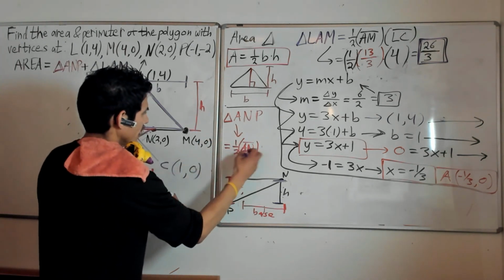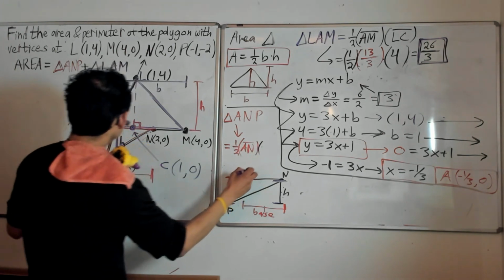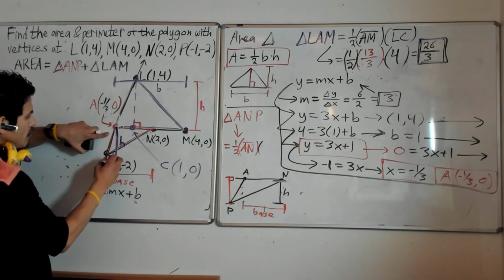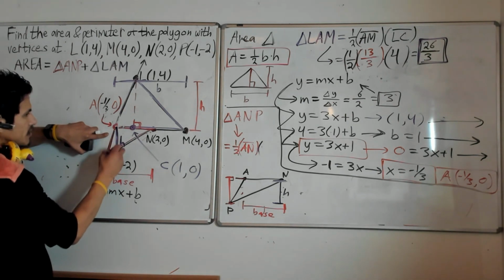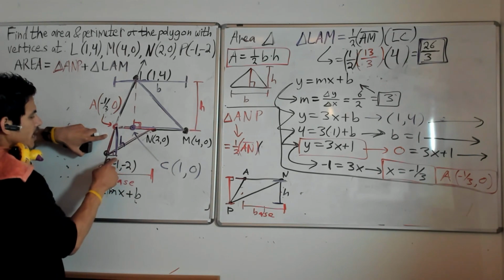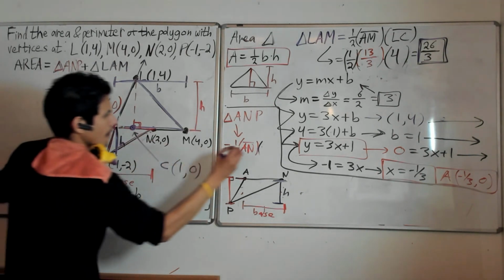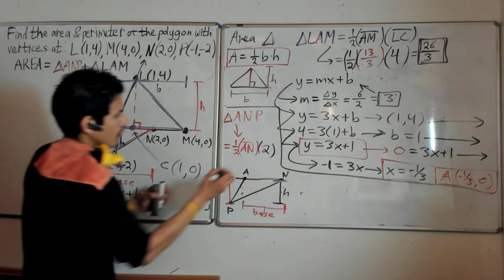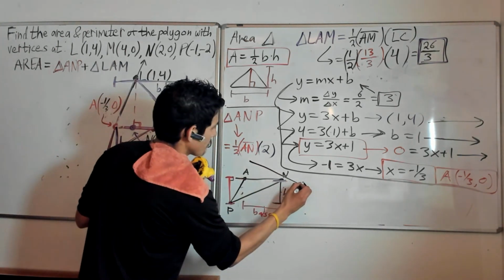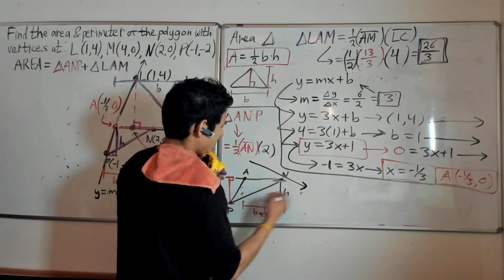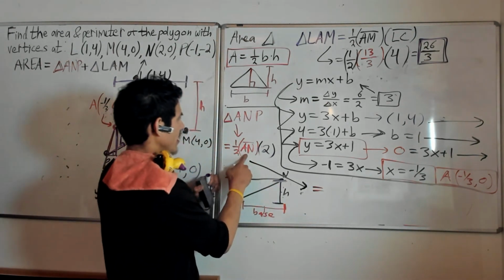So 1/2 AN times the height, from here to here, times 2. We can call this another point, but it's not necessary. Let's just write the height. So from -2 to 0 again, so this times 2, and we'll get the area will be 1/2 AN.